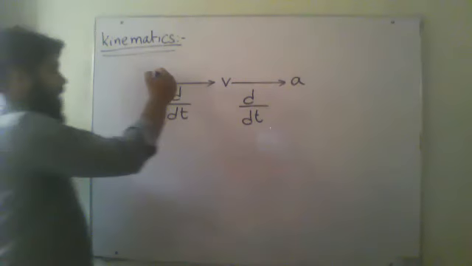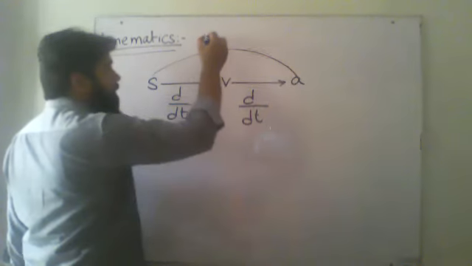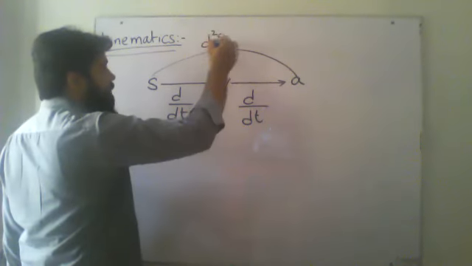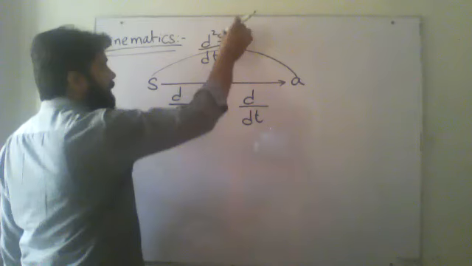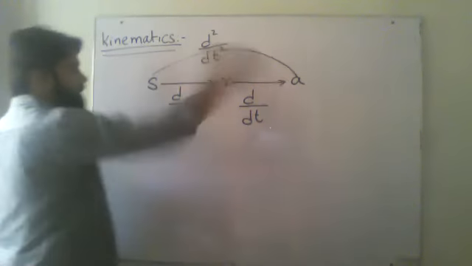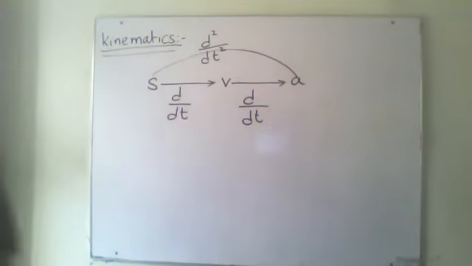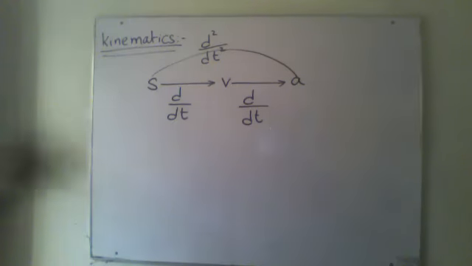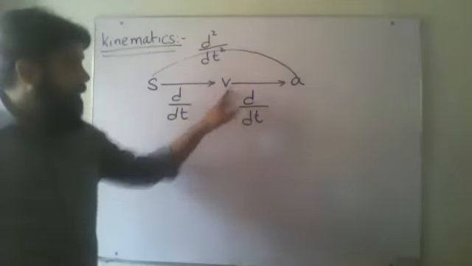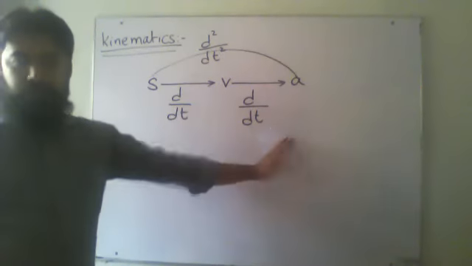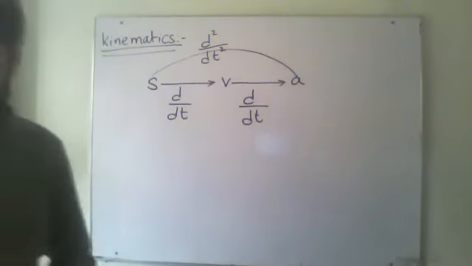If you directly want to go from this one to this one, you have to do a double derivative and you can directly jump from S to a. This is the initial thing. When this is given, you will be using differentiation.